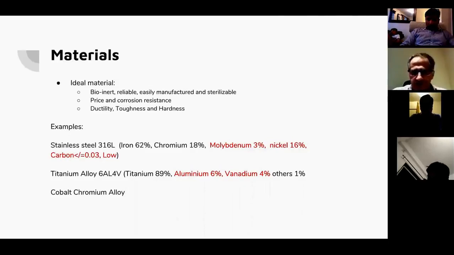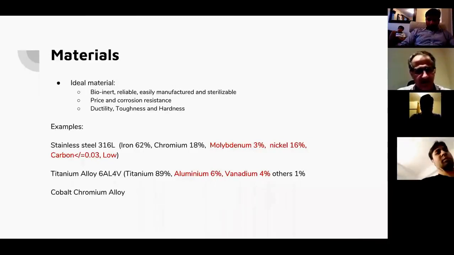It should be a reasonable price, or a price which is acceptable considering we put so many into them, and is corrosion resistant. Ideally, it should be ductile. We need to know how ductile we want it, and the toughness and hardness. These are two different concepts, by the way, toughness and hardness. We'll come to that in a moment.